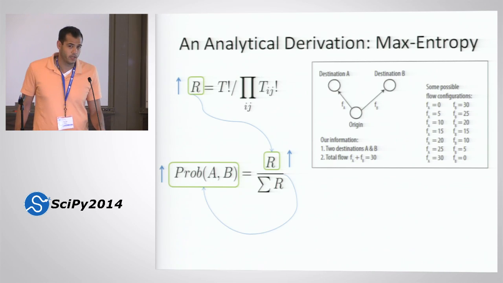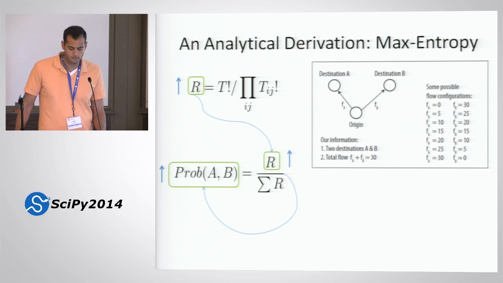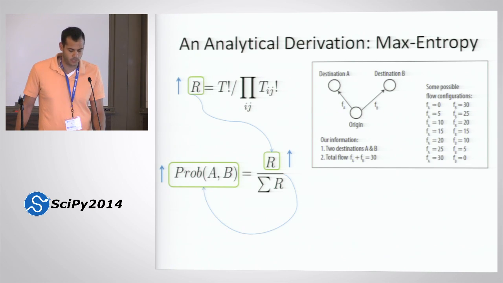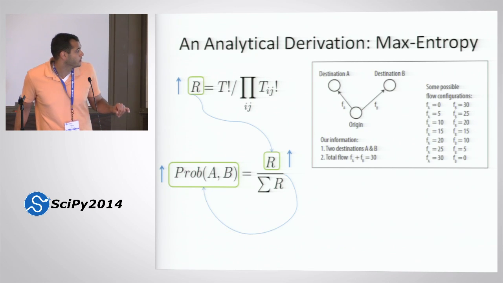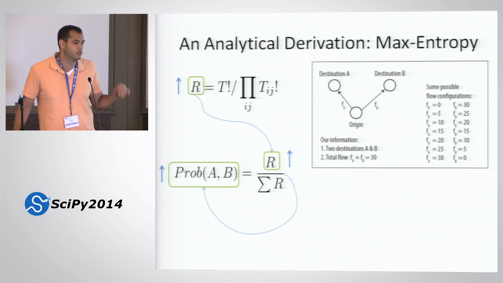However, it was simply a physical analogy, and one framework to improve upon that was the maximum entropy framework, which sought to find the most probable distribution of flows given no additional information in the system. So for a simple example here, if you have one origin and two destinations and you have 30 flows that you want to allocate, you'd seek to find the two aggregate flows to the destinations, which can be fulfilled by the highest number of unique individual flow combinations.